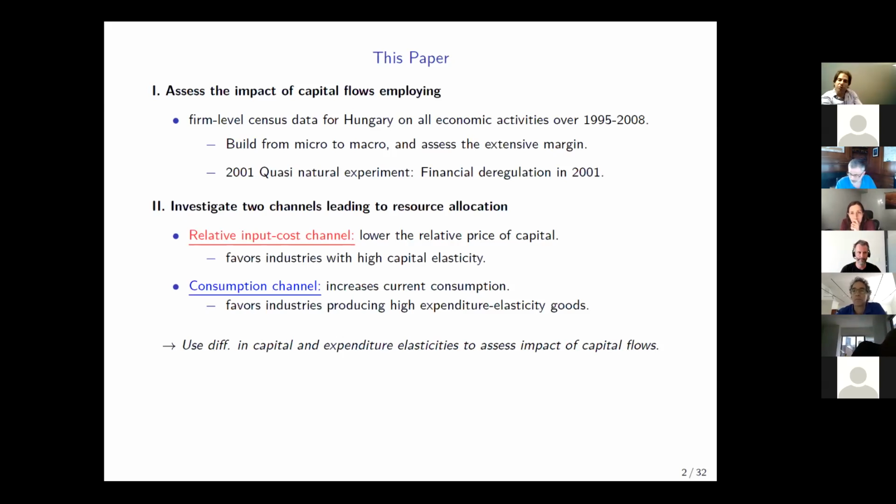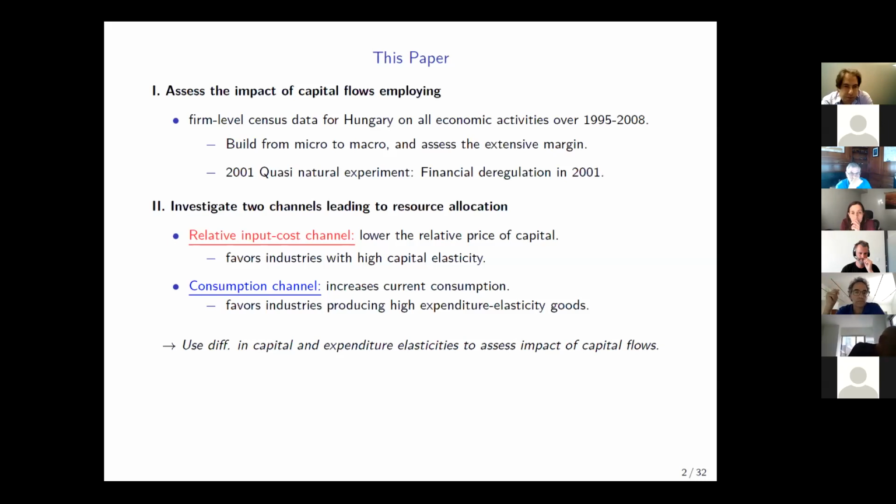Now, given that, what we need is channels to think about and ways of identifying those channels in the data. So we're going to focus on two channels. The first one is what you would call the relative input cost channel. The idea is very simple. When a country that has capital controls decreases them, the interest rate of the country is going to decrease, and that's going to reduce the relative price of physical capital.